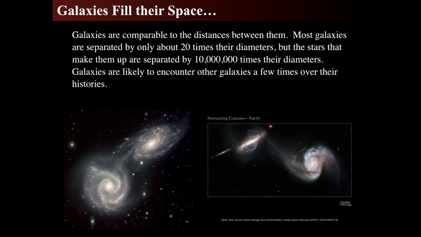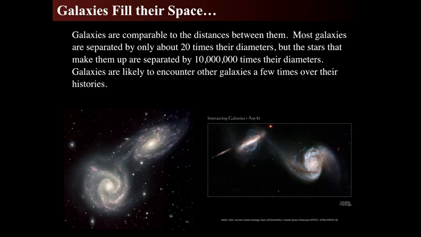The fuzziness of a galaxy isn't because it is gassy, well, it is very gassy, but it's because of the collected illuminated light of all the hundreds of billions of stars within them. But the stars themselves don't touch. They're separated by roughly 10 million times their sizes. So stars are incredibly far apart compared to their sizes.